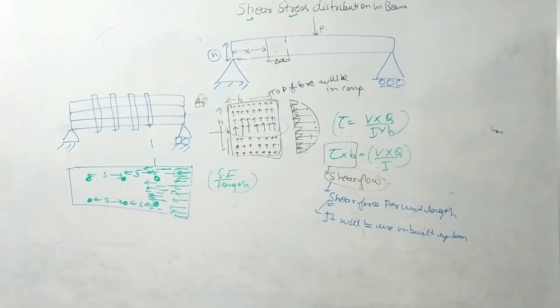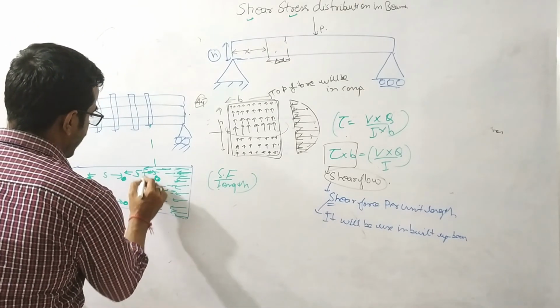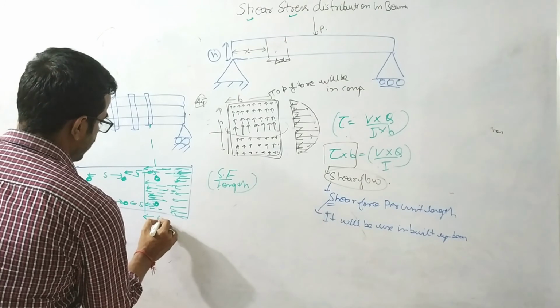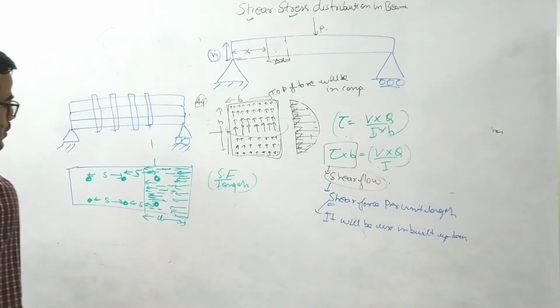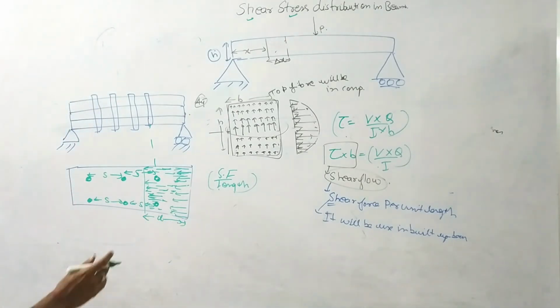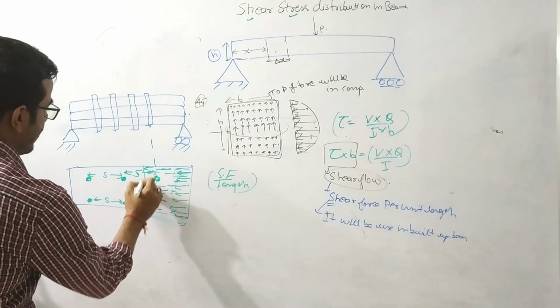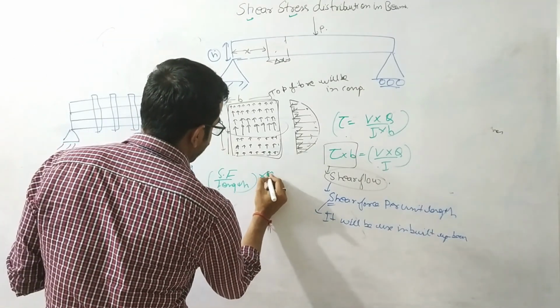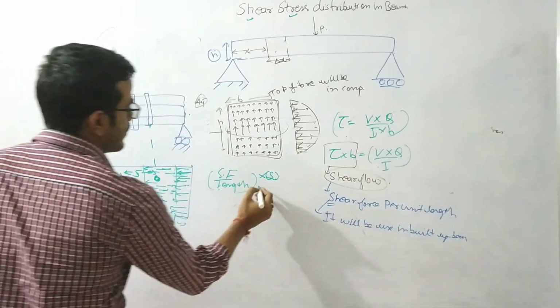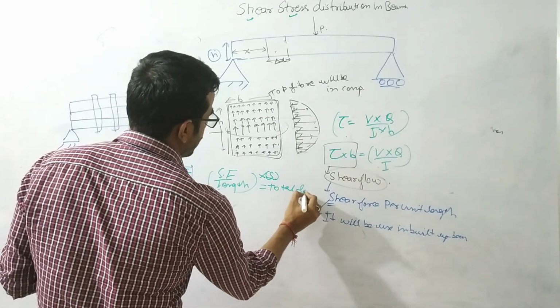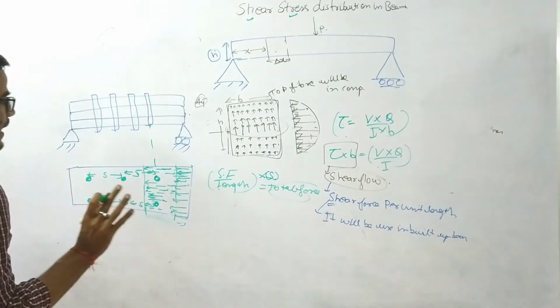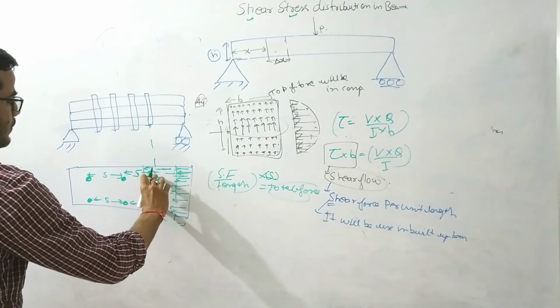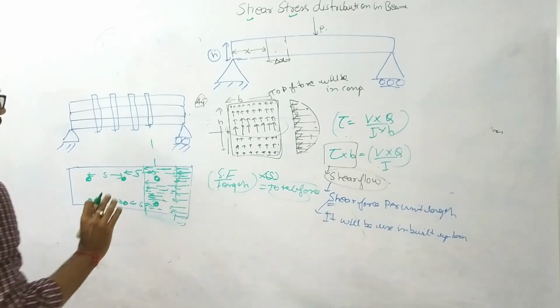If I multiply this by the total length, let us suppose the spacing which we have provided is S, then this is the total force which will be taken care of by these two bolts, or these two screws.